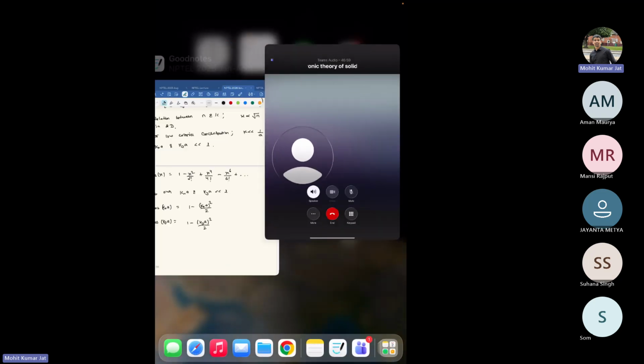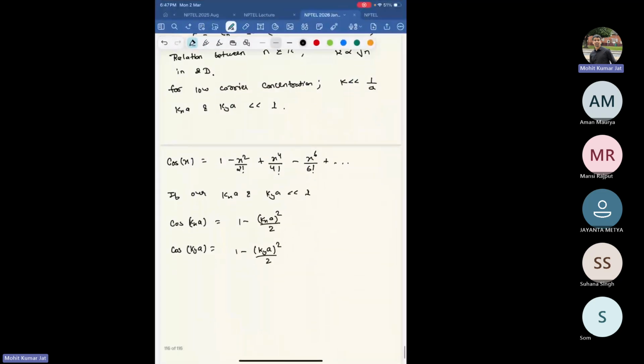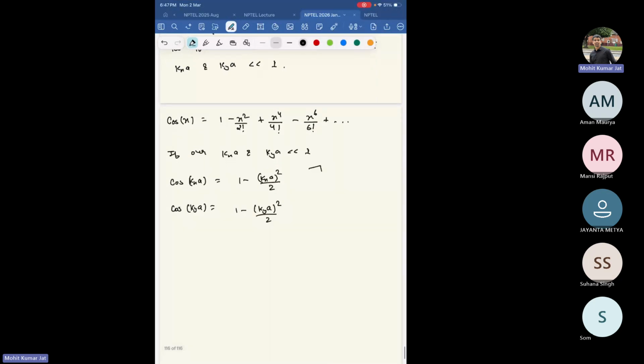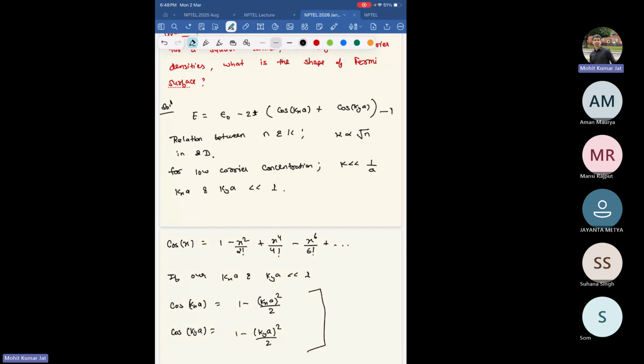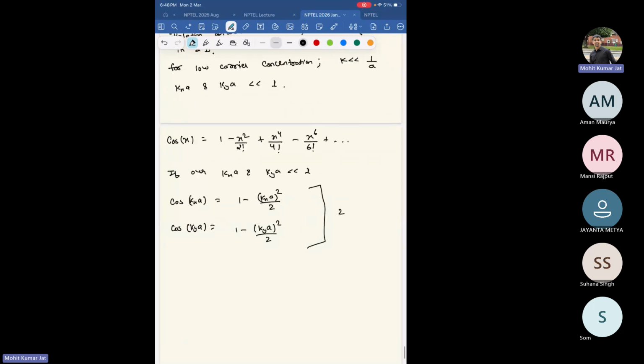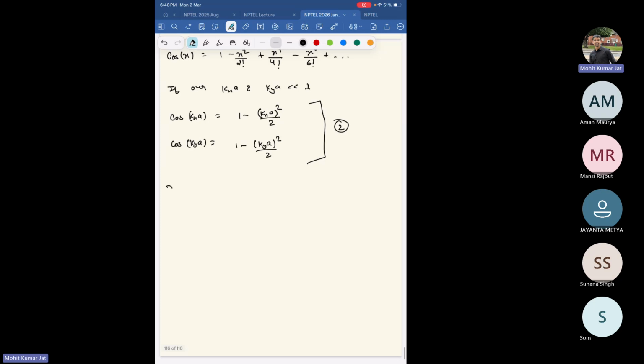So we can neglect the higher order terms and keep only the first order parts, and replace it in equation number 1. Replace 2 in 1.